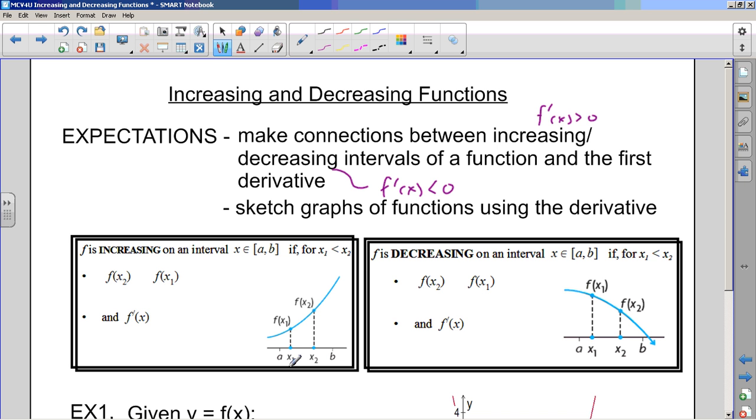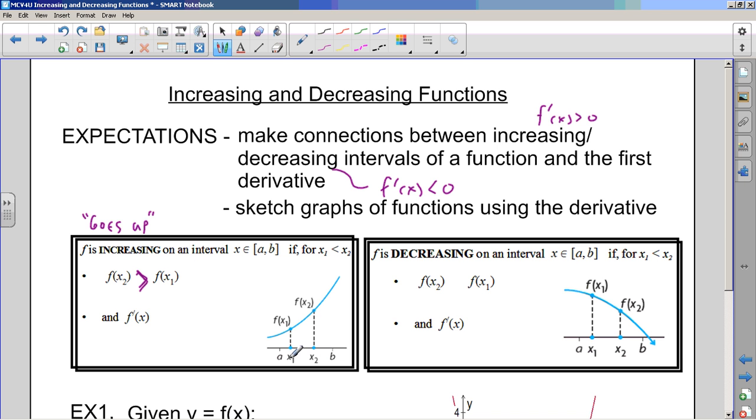By the way, this is almost like a formal definition of what increasing means. You know, goes up is what increasing is, but that's not very mathematical. So this is a mathematical definition. F is increasing on an interval if for x1 is less than x2, f at x2 is greater than f at x1.